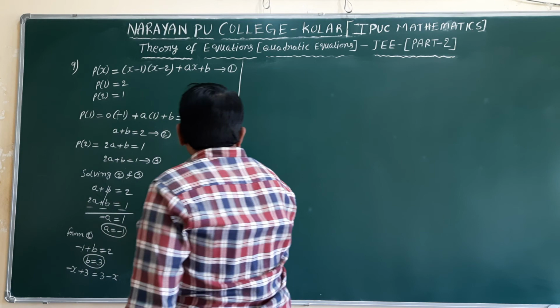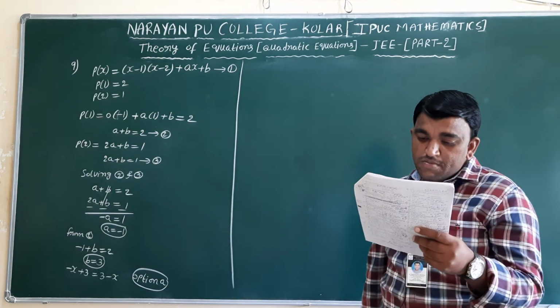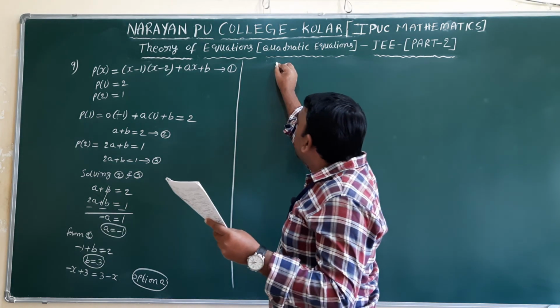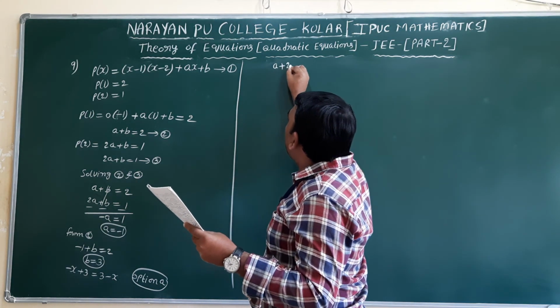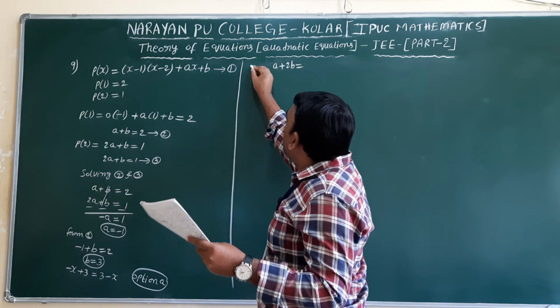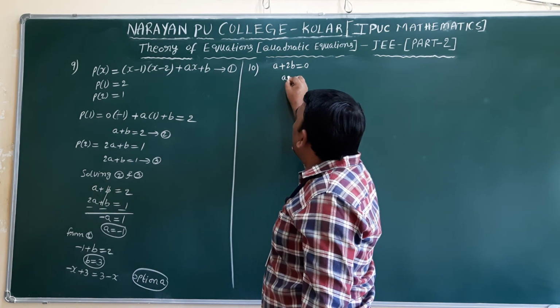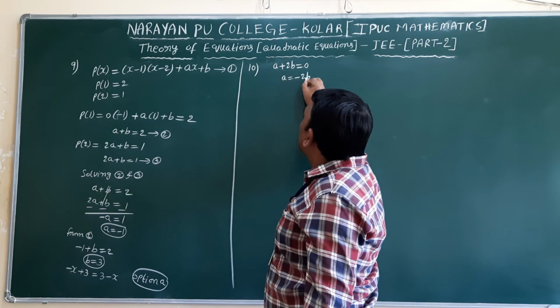So next question, question number 10. The value of k for which a plus 2b is a factor. To say a plus 2b is a factor means a plus 2b equal to 0, so a value is minus 2b.